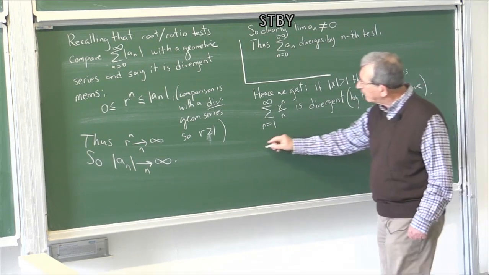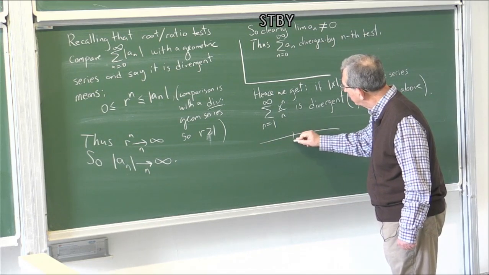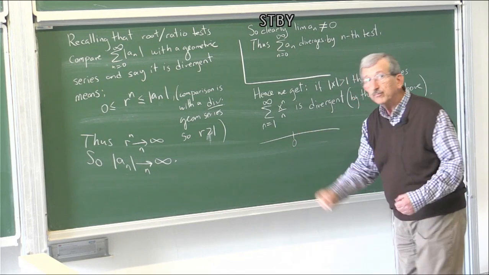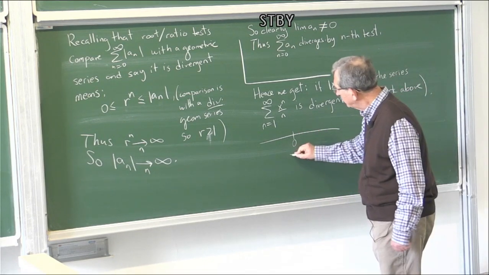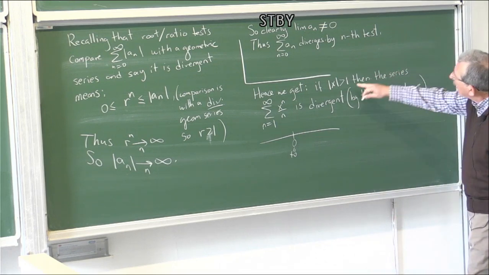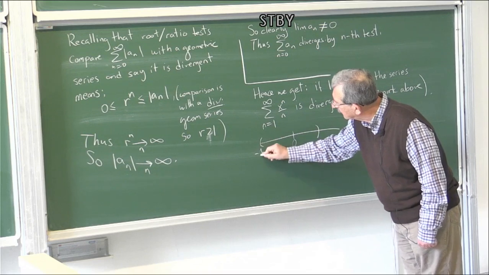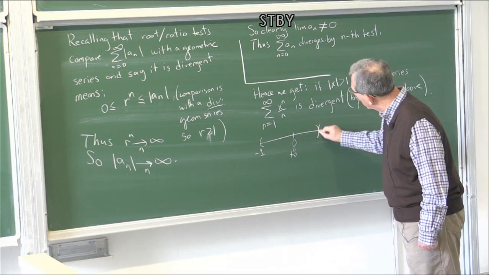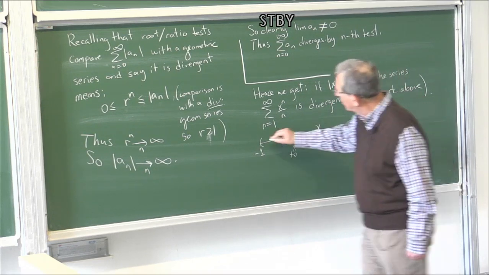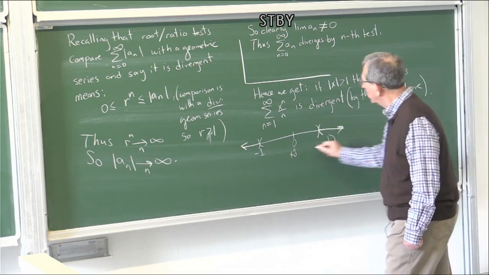So we have the following situation. Here we have 0, that's our x0. If absolute x is bigger than 1, so if we move this way or this way, we have divergence.